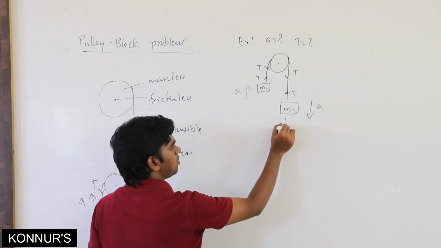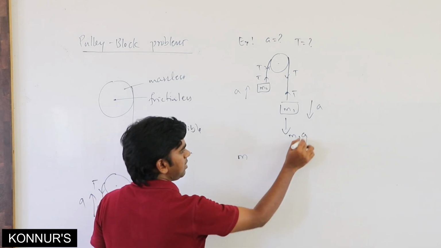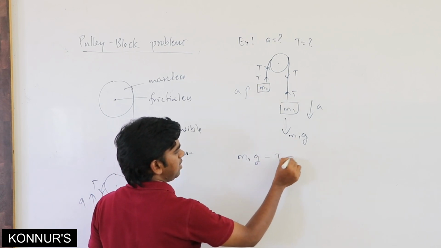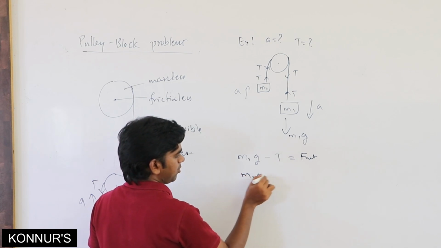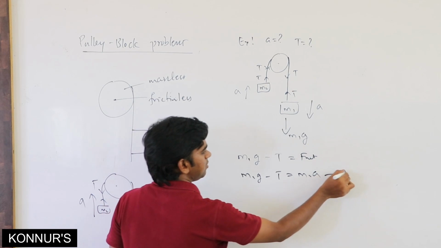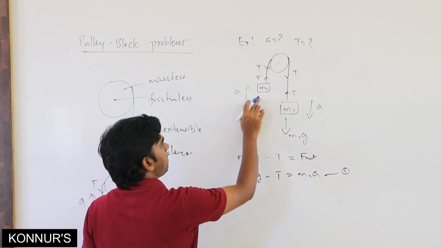Downward is m1g, upward is T. m1g minus T equals F net, and F net is mass into its acceleration. You got one equation.